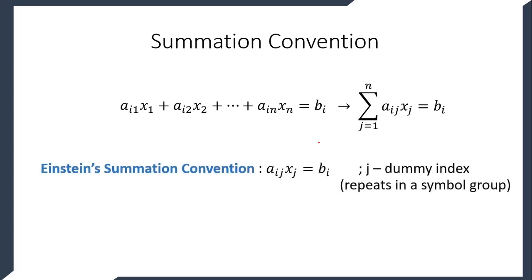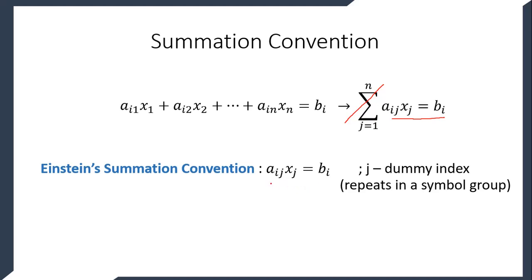And the Einstein convention says that we can also drop this summation symbol and just write this. Using the Einstein summation convention, we can write this whole equation as a_ij x_j is equal to b_i, where summation from j equal to 1 to n is implied.